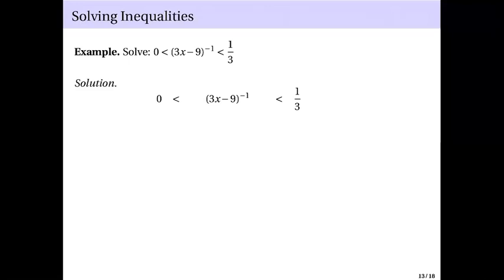This part is important because we will need the reciprocal. (3x minus 9) raised to negative 1 can be written as 1 over 3x minus 9, so we need the reciprocal, 3x minus 9.